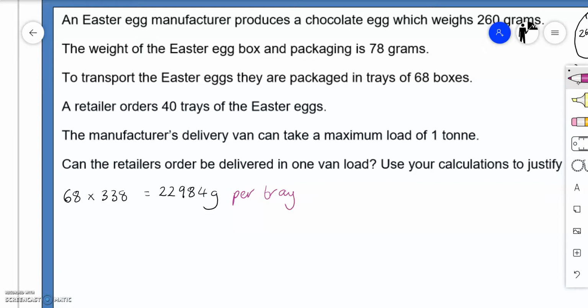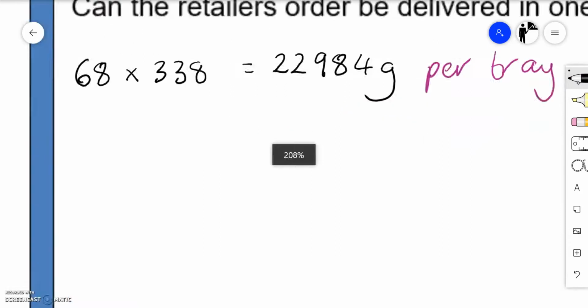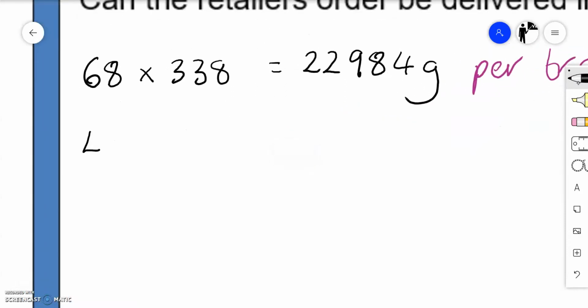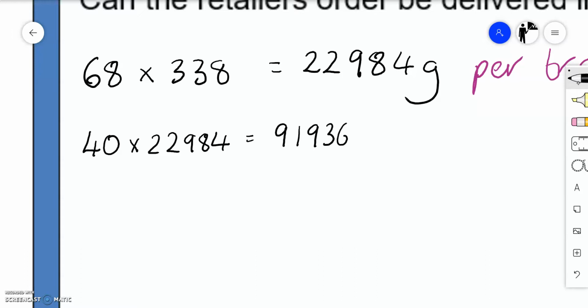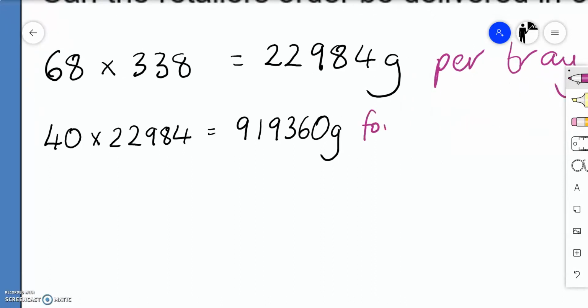A retailer orders 40 trays. So we've got 40 lots of 22,984, which is 919,360 grams. And we'll just say that's for 40 trays.